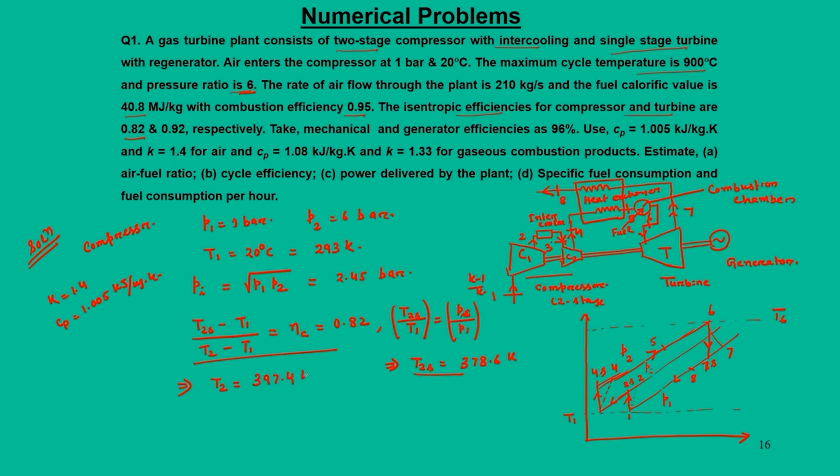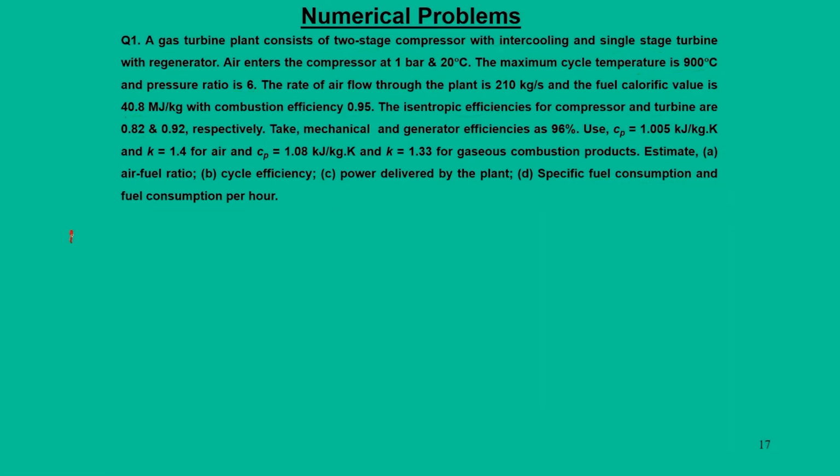397.4 Kelvin, and in similar manner we can also find out the second stage compression, that is T4S by T3 is equal to (P2 by Pi) to the power (k minus 1) by k, and this is (6 by 2.45) to the power 0.4 by 1.4.